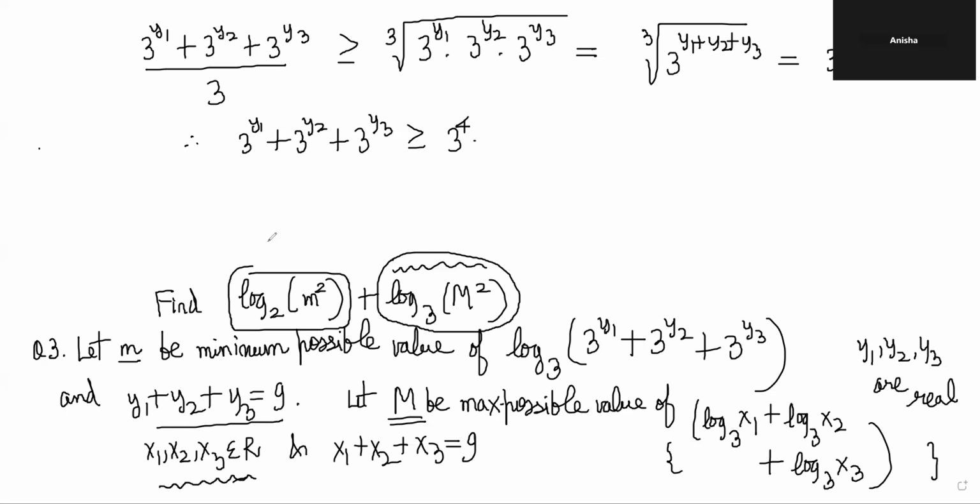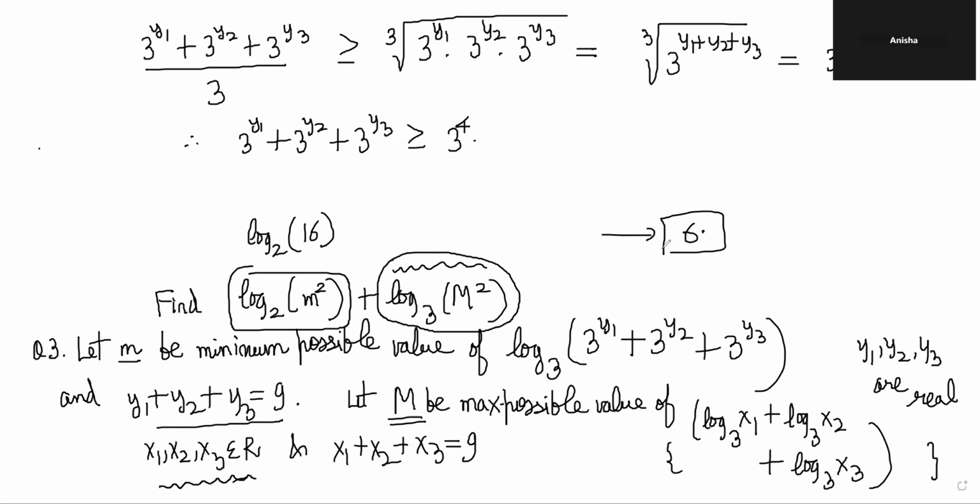What is log 2 of 64? Log 2 of 16, sir. Yeah, 4. So 4. Okay, answer is 6. They have given the wrong answer. Okay, both places you have to use AM-GM. That's all right.